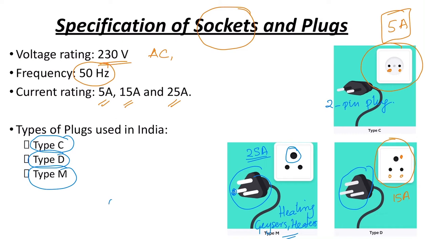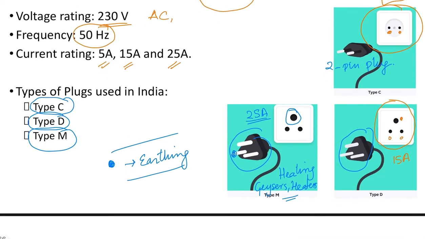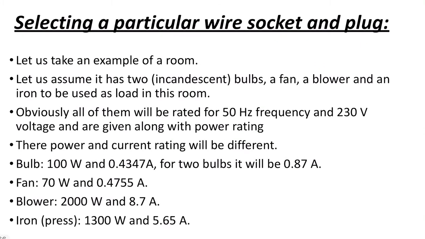This third terminal is bigger because it is meant for earthing. So it is always recommended to do earthing of the heating equipment or heavy electrical equipment. Okay, now suppose you want to select a particular socket and wire in a particular room.